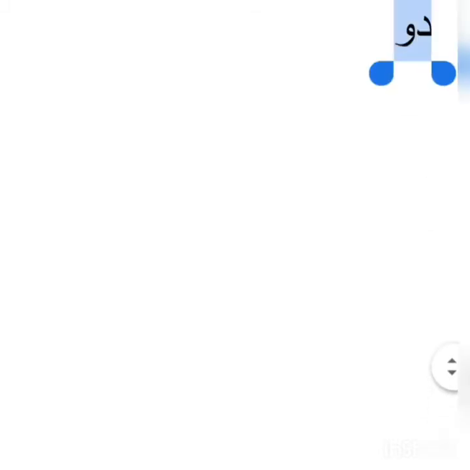So this letter here is actually o, and this word is do, which is number 2. Dal is zal. This letter in Arabic is pronounced like the, but it's not pronounced like that in Persian, and it's pronounced z. This z is mostly found in Arabic words, but I think there are some Persian words that use this letter.